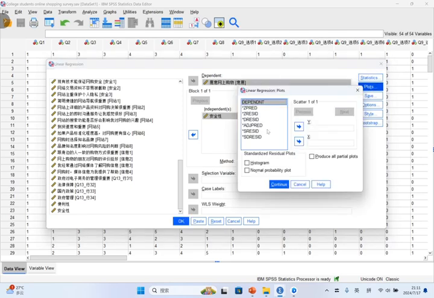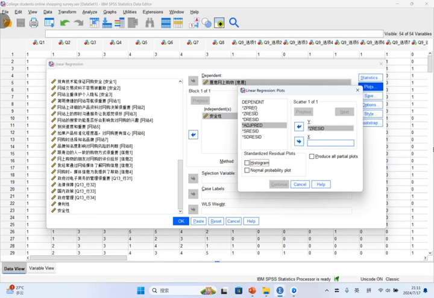We use this ZRESID for the X. We use ZPRED for the Y, and we choose histogram. Okay, no, we don't choose this.